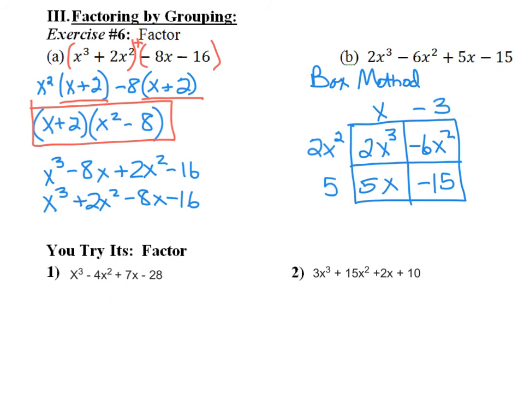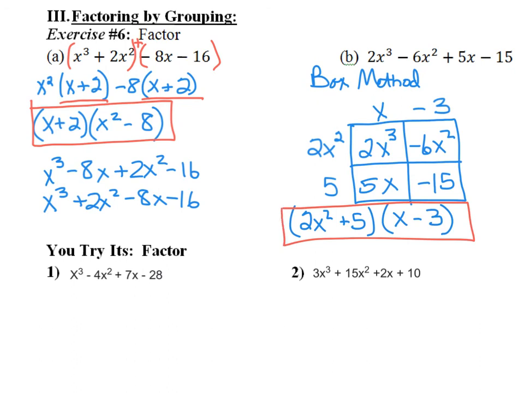I then look at my answers by making this one binomial and this the other binomial. So in factored form, this would be 2x squared plus 5 multiplied by x minus 3. And you see that it's a nice easy way of coming up with my factored form by using a box.